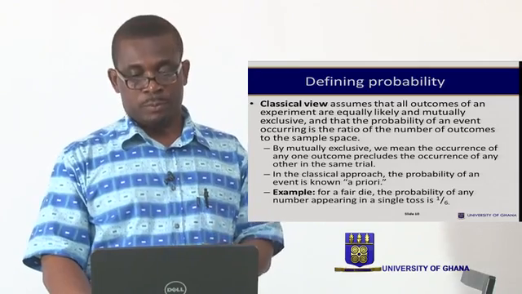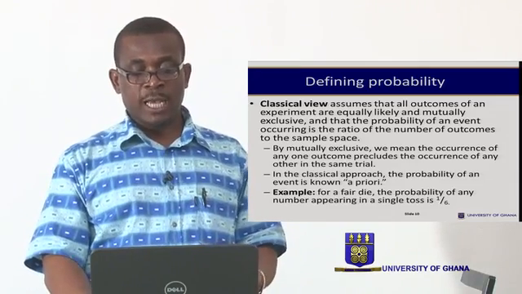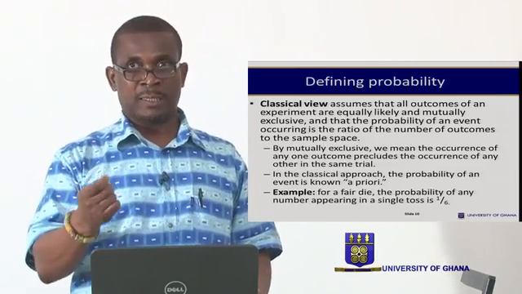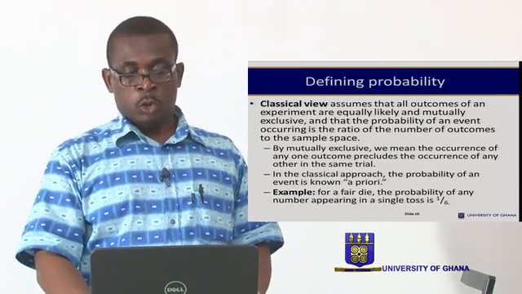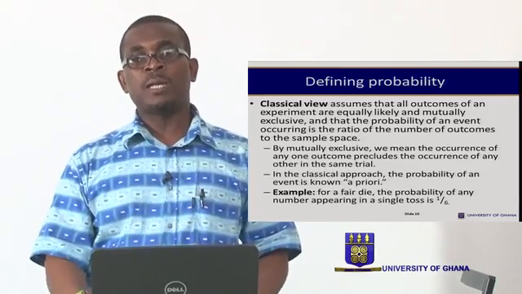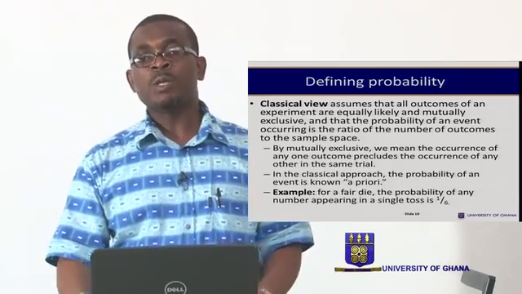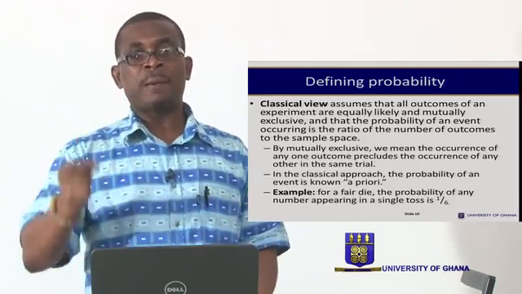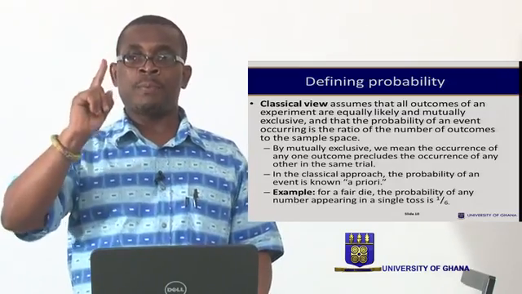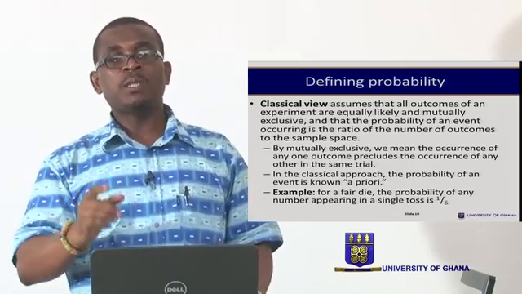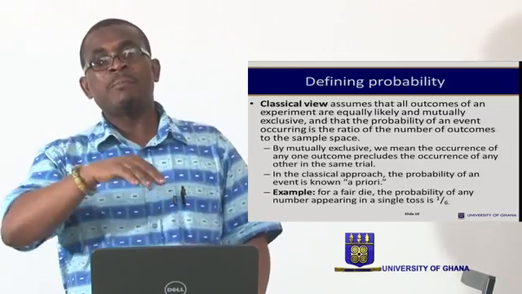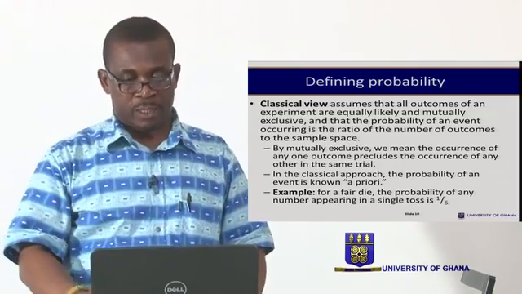An example is that when you take a fair die and you roll it, as in a game of Ludo, then the probability that any number will appear is calculated as 1 over 6, because there are 6 numbers, 1 through 6, right? And when you roll it, only one can appear. So the probability will be the number of times the number can appear, which is 1, divided by the 6 possible numbers.